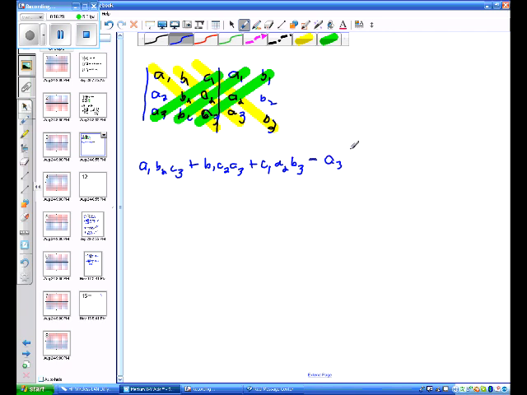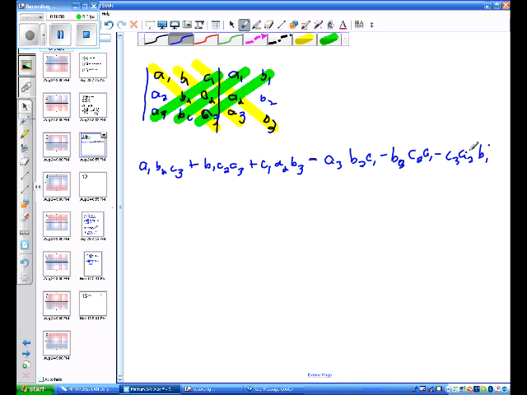So we're going to subtract a sub 3, b sub 2, c sub 1, minus b sub 3, c sub 2, a sub 1, minus c sub 3, a sub 2, b sub 1. And this is a way that we have of finding our determinant.